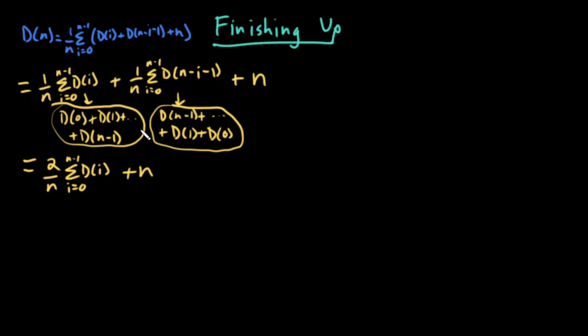I can multiply both sides by n, so I would get n times d of n equals 2 times the sum from i equals 0 to n minus 1 of d of i plus n squared.